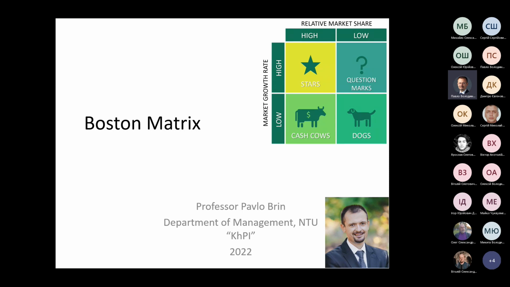It is very easy to use, and all the further instruments of selecting investment priorities are built on this very instrument. If you understand it, it will be very easy for you to understand everything else. So today we are speaking about the Boston matrix, how to divide investment resources within a diversified company.